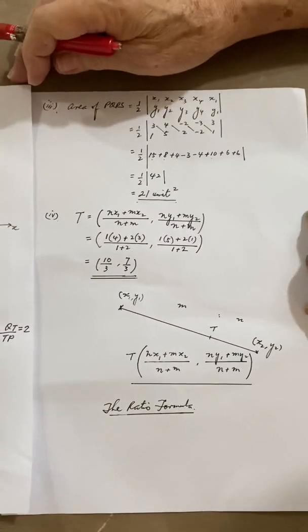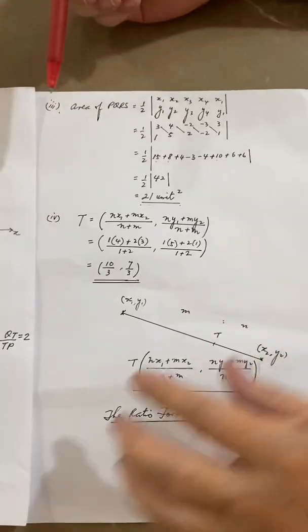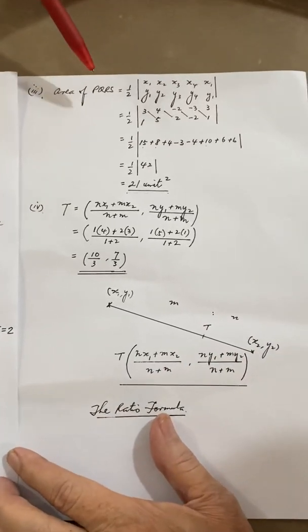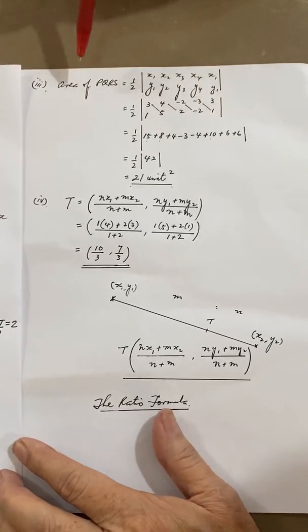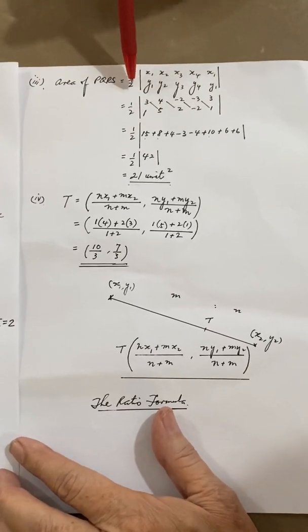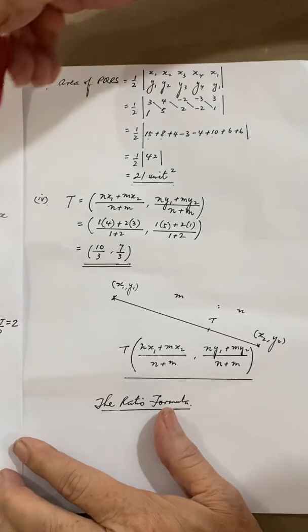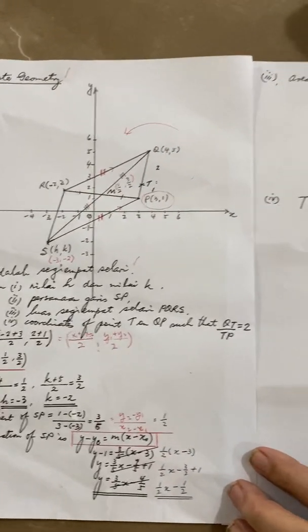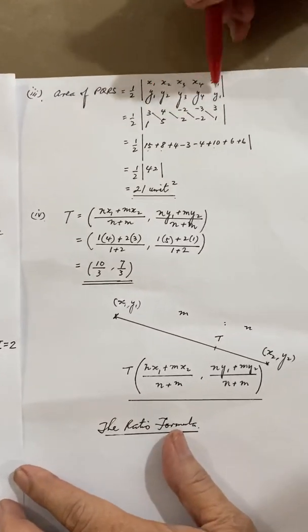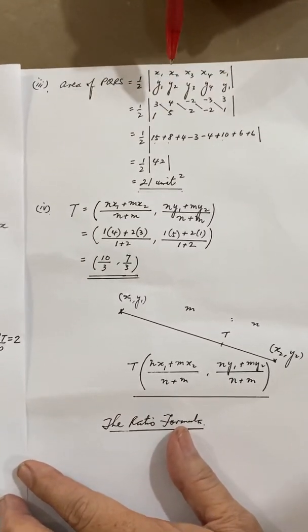Part 3, I intentionally apply the matrix method to a 4-sided figure. So the area of PQRS will be half. Try to take the coordinates in counterclockwise order so that the number inside the modulus will be positive.